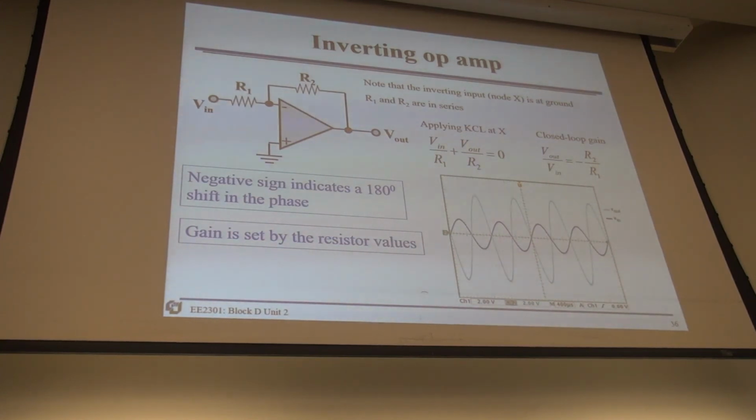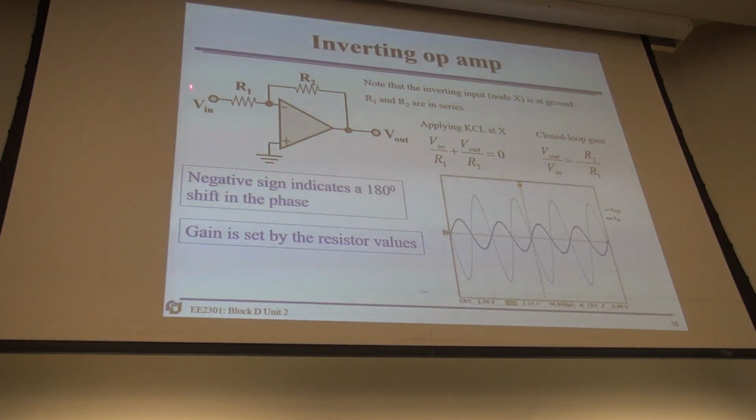Okay, the key concept here is you don't have a current flowing inside, and this voltage here is almost nanowatt. So you treat this one as ground or virtual earth, VE, virtual earth.